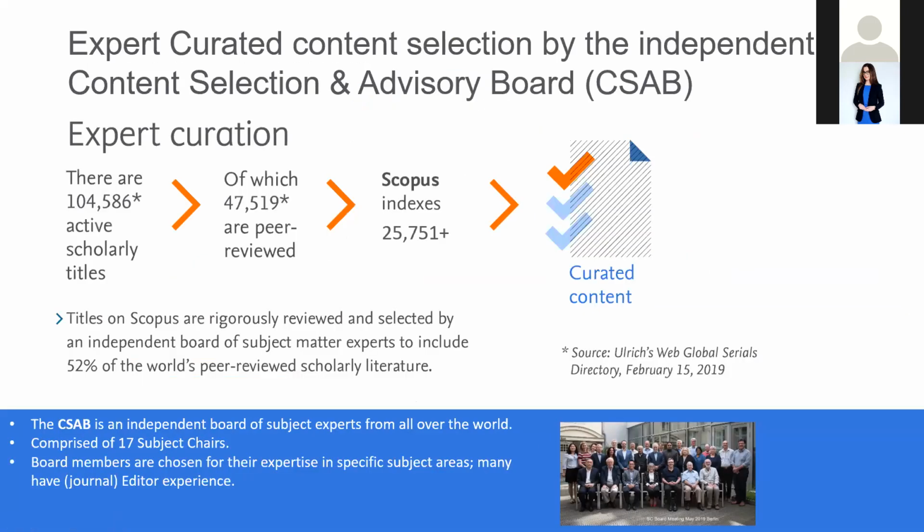The Content Selection Advisory Board is an independent board of experts. There are 17 experts on the board. They are experts in specific subject areas, and they also have experience in journal editing.